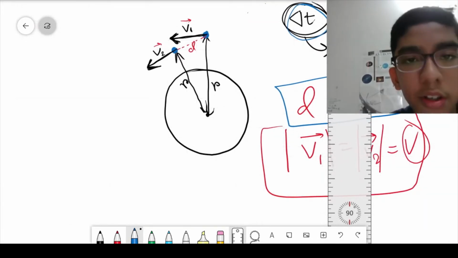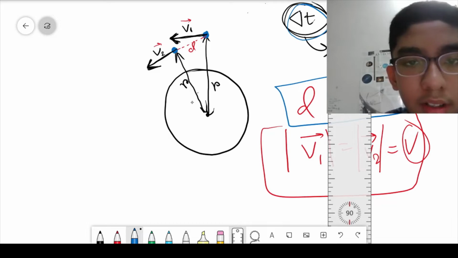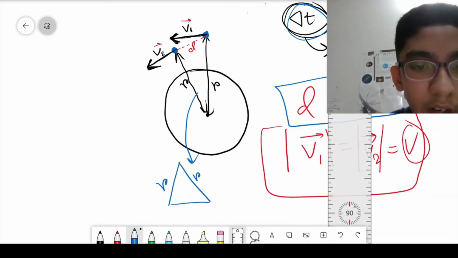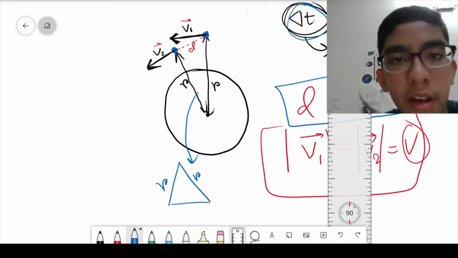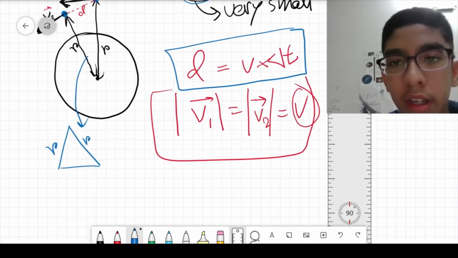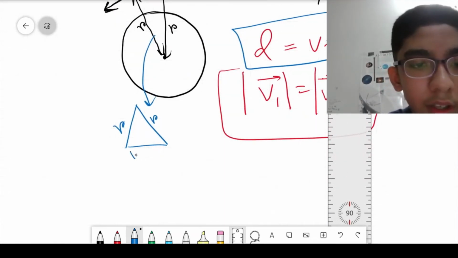So let's consider two triangles. We can see that this triangle has formed, in which these two sides are r, which is the distance from the center of the planet to the object, and this one is d, which we will write as v times delta t.